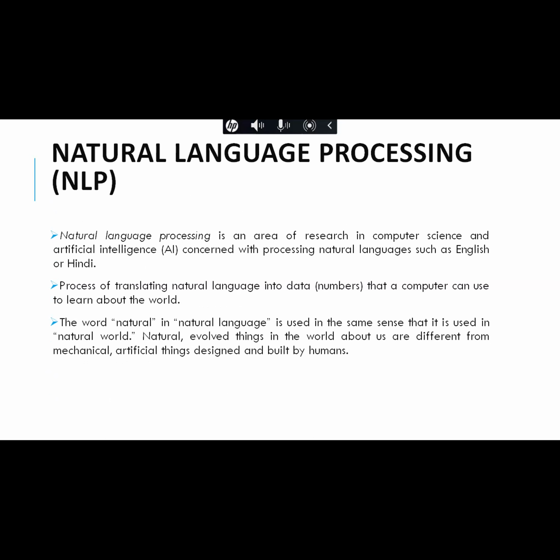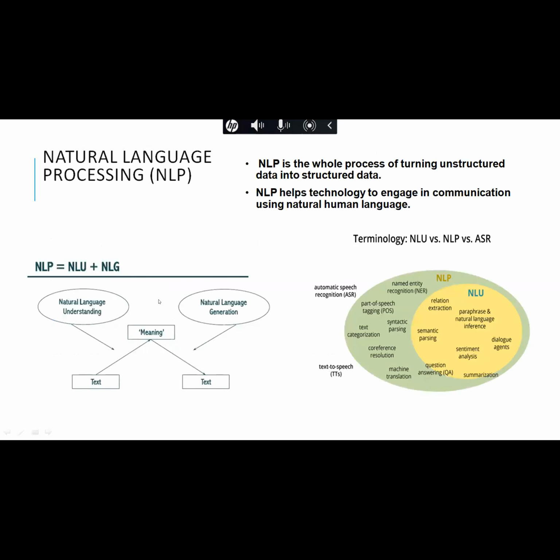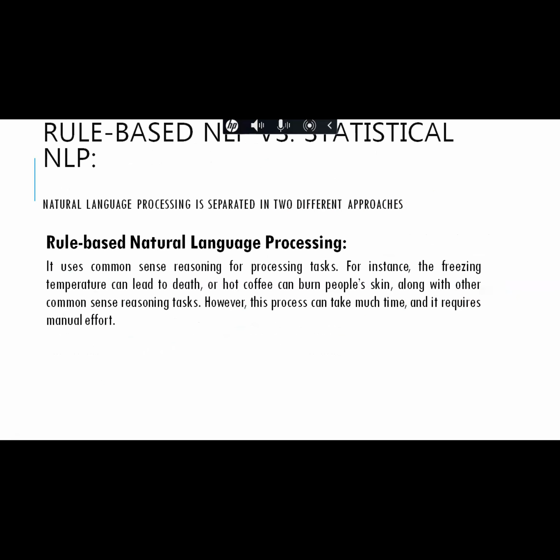To perform these tasks, NLP systems often rely on artificial neural networks, which are models that mimic the structure and function of biological neurons. NLP is a combination of natural language understanding and natural language generation. It is the whole process of turning unstructured data into structured data, and it helps technology engage in communication using natural human language.